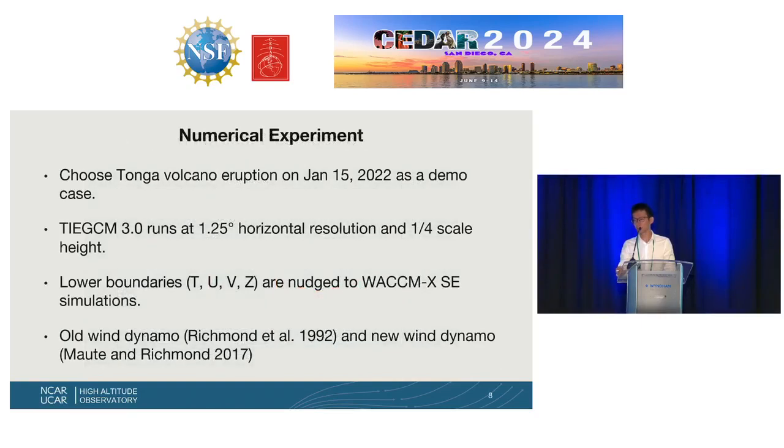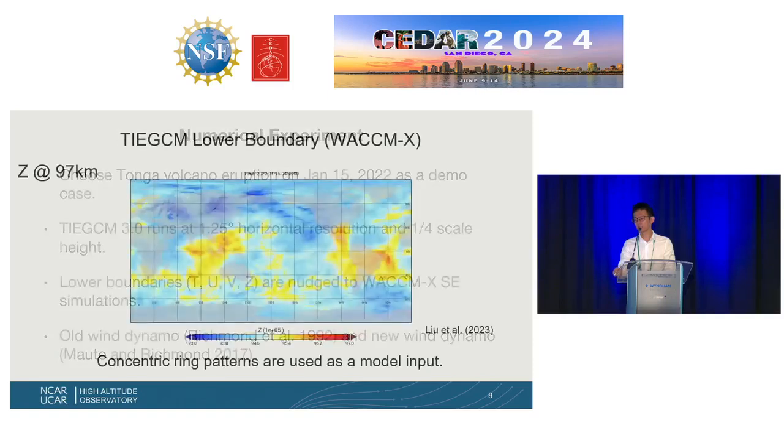So here is our numerical experiment setup. We choose the Tonga volcano eruption on January 15th, 2022 to demonstrate our new model. TIE-GCM 3.0 is used to run at 1.25 degree horizontal resolution and a quarter scale height.